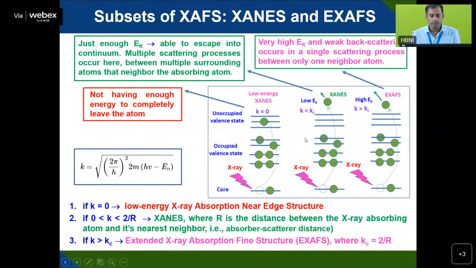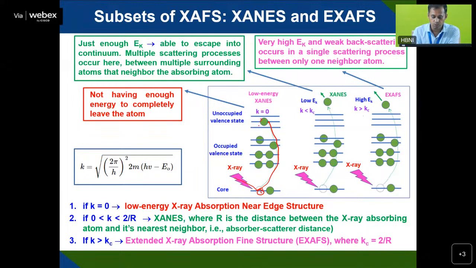If you see the spectrum, you have two subsets, one is EXNES and one is EXAFS. In the diagram, you can see you have a core electron here, the X-ray is falling here, and then your electron is promoted from here to the unoccupied state. If you are at K equal to 0, the low energy EXNES region, there is just enough kinetic energy for the electron to escape to the continuum.